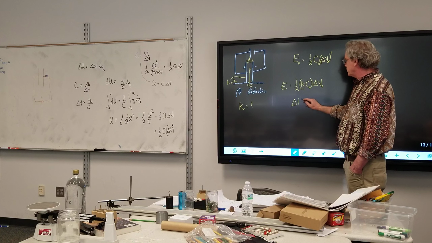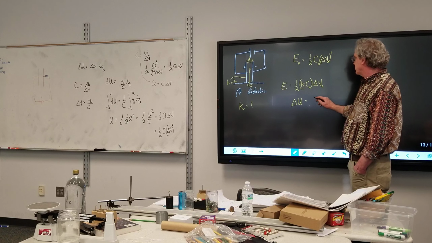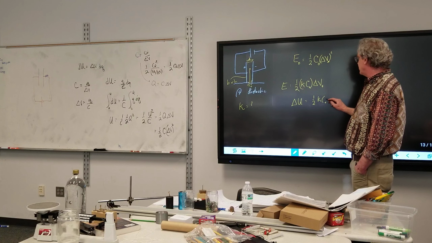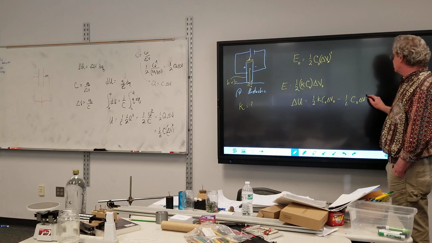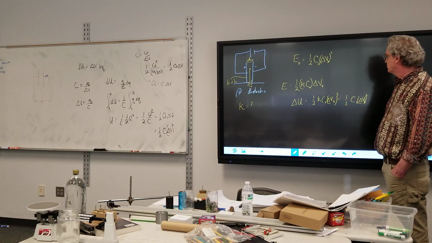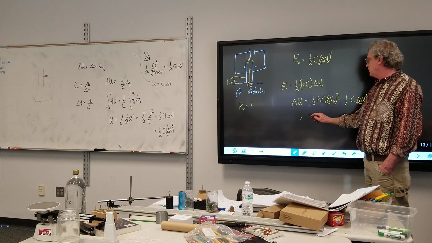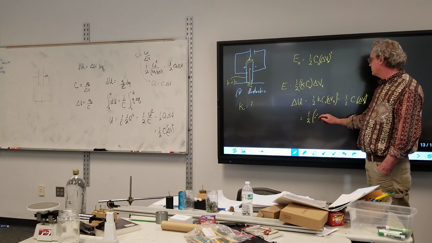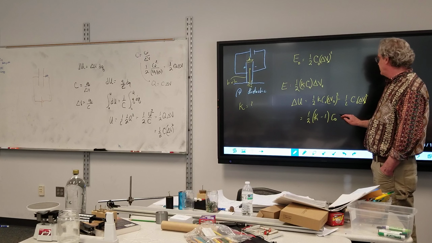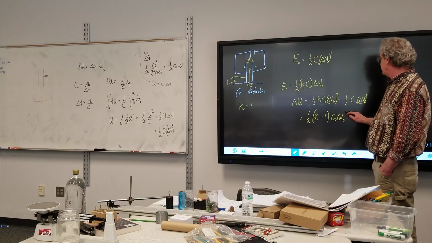So the change in potential energy stored on the plates is going to be 1/2 kappa C sub naught delta V sub naught squared minus 1/2 C sub naught delta V sub naught squared. So that's 1/2 times kappa minus 1, C sub naught delta V sub naught squared.